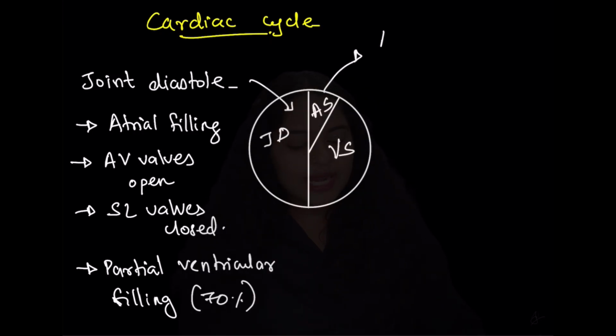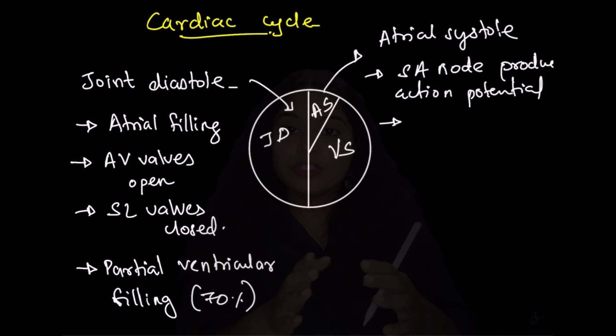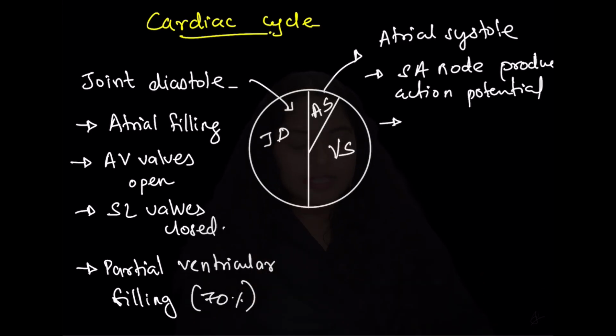Now what will happen at the time of atrial systole? During atrial systole, the SA node produces an action potential. This action potential leads to the contraction of the atria, and this leads to the complete filling of the ventricles.